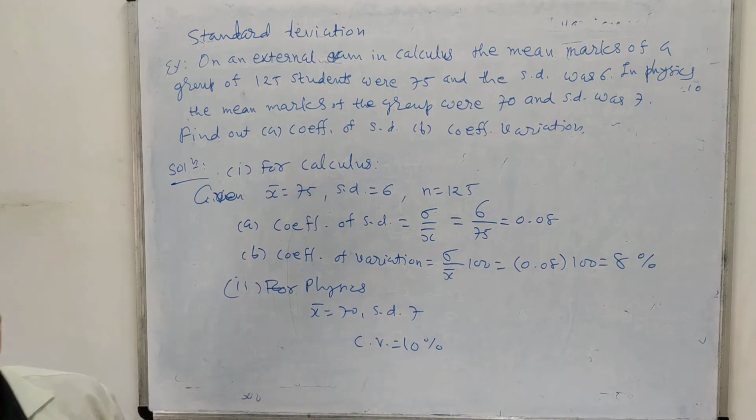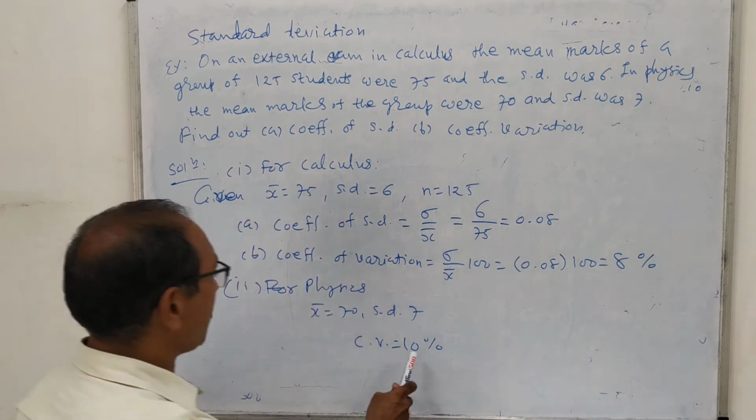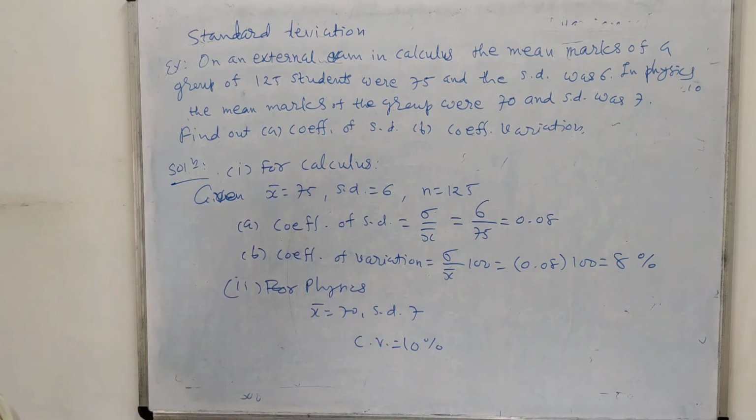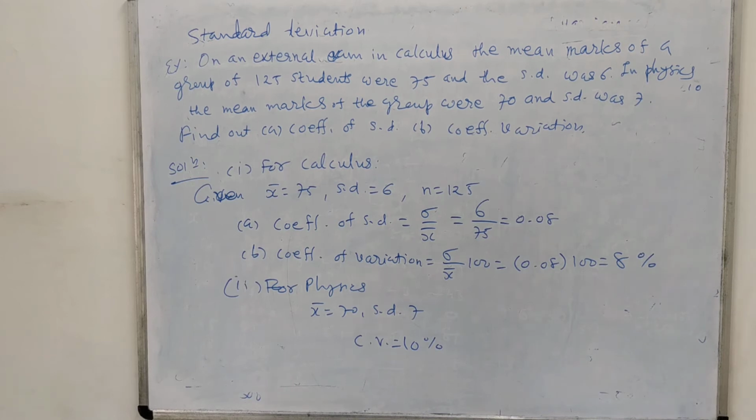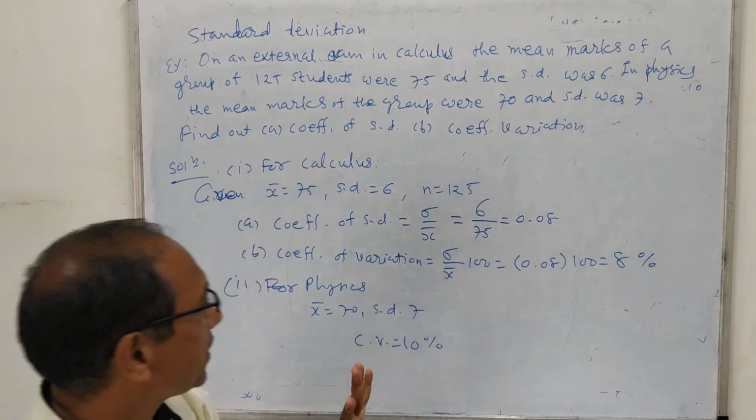But now if I want to speak about this, then we can see that the coefficient of variation for calculus is 8% and for the physics subject is 10%. So we can say here that the result of calculus is good, because the coefficient of variation is less than that of physics.